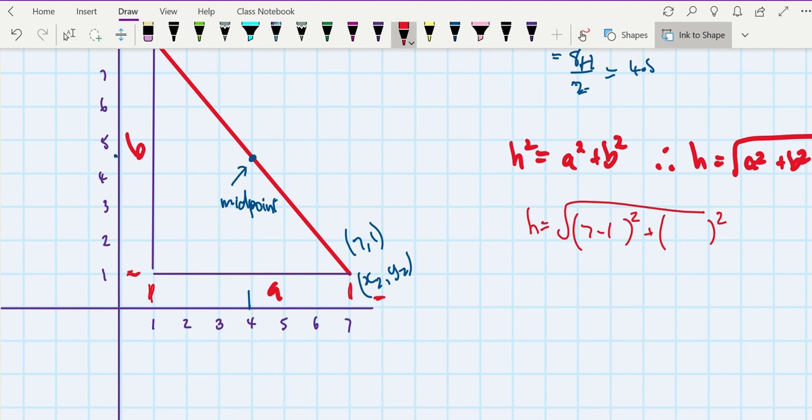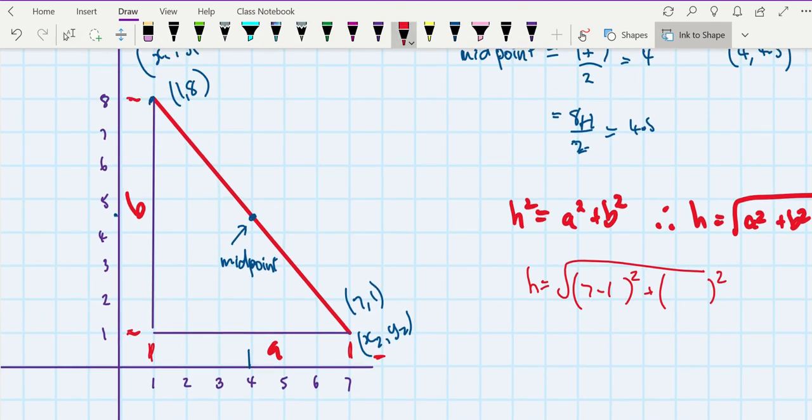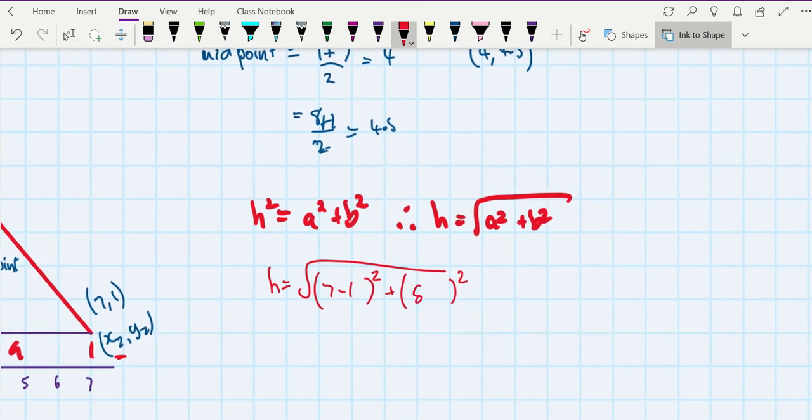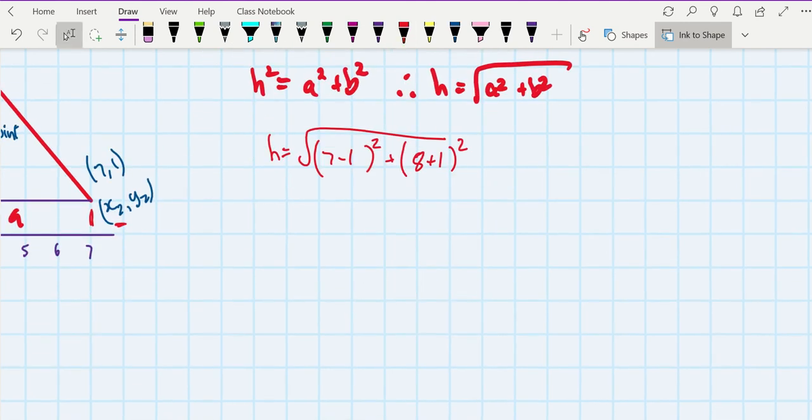And looking here, we're going from 1 up to 8 in this case, so it's 8 take 1. So let's just do a little bit of solving. 7 take 1 is 6 squared. 8, oh, that should be a takeaway, 8 take 1 squared. 8 take 1 is 7 squared. 6 squared is 36. 7 squared is 49.